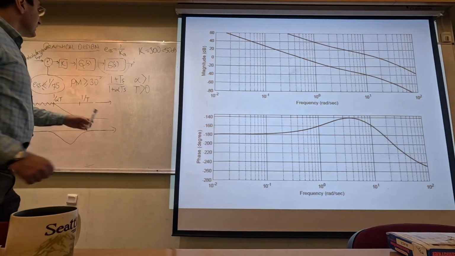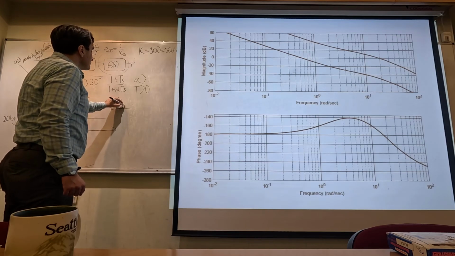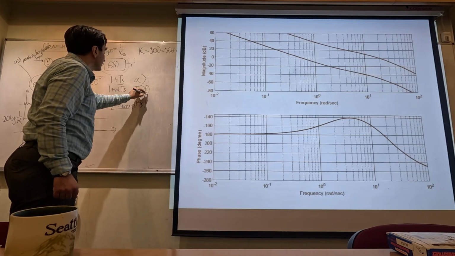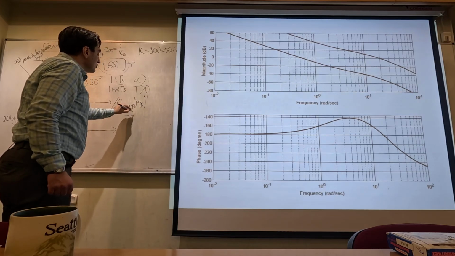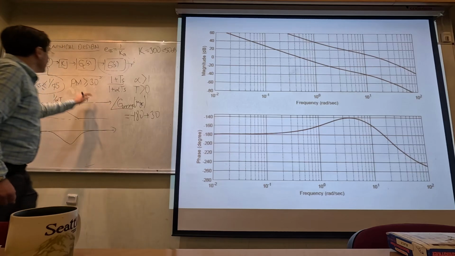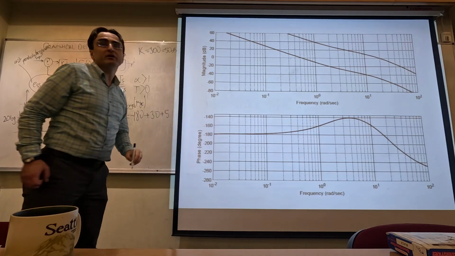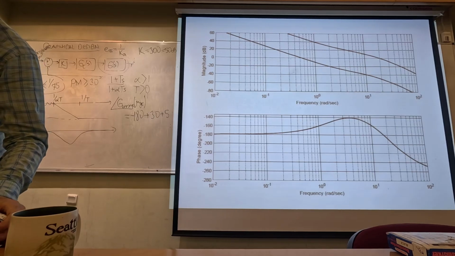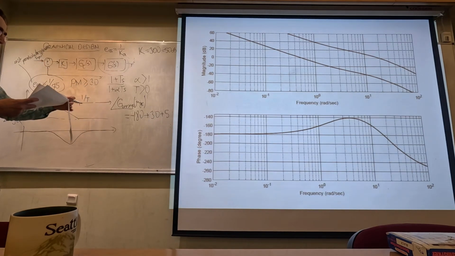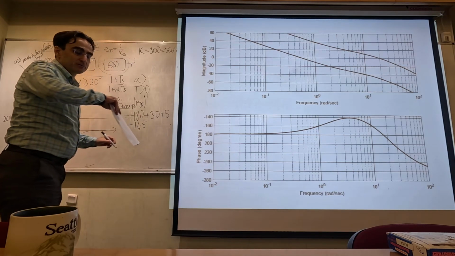That is why here I will choose my new gain crossover frequency such that the argument of G uncompensated at the new gain crossover frequency is going to be minus 180 degrees plus 30 degree required phase margin, and I will add a 5 degree error margin here. Okay? So now this is going to give me minus 145.